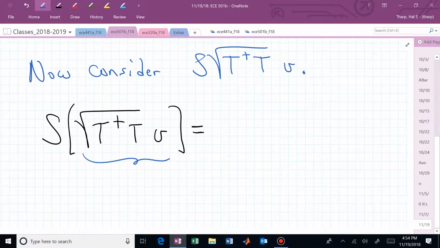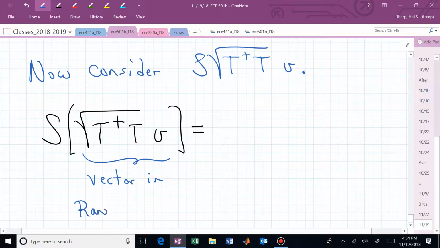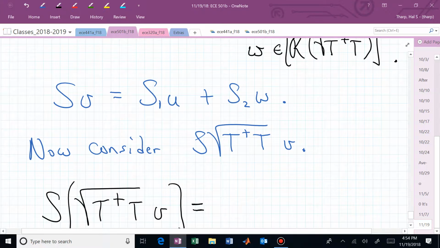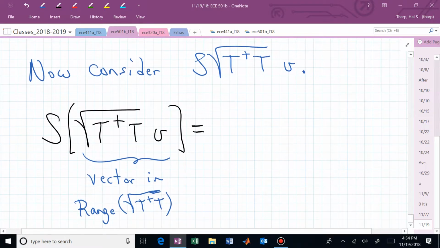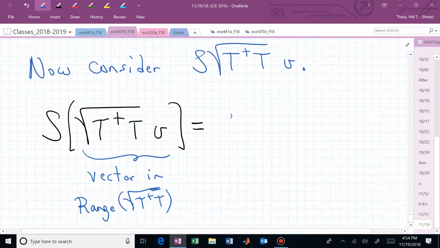It's in the range of the positive square root of T dagger T. And we know that, on this restricted setting, this is equivalent to S1 applied to that same vector.